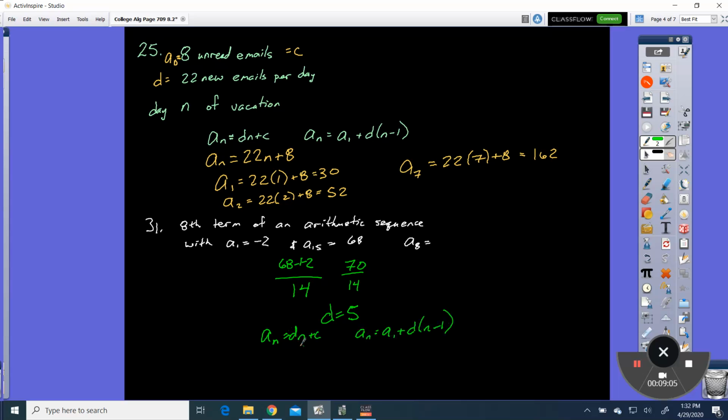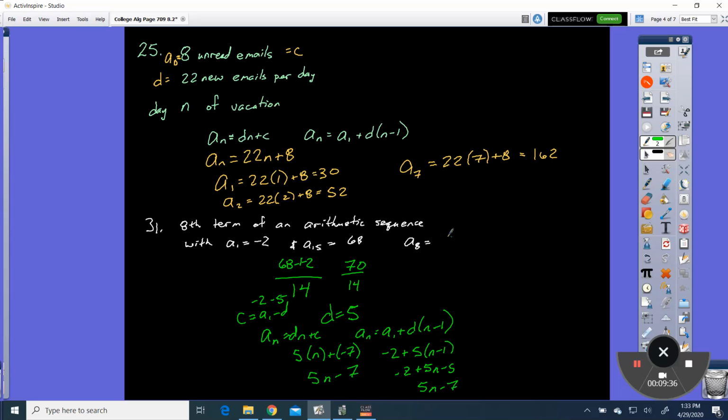Difference is 5, n plus C. C always equals a_1 minus d, so my first term is -2. Minus 5 would be -7, so plus -7. Or if I come over here, -2 plus 5 times n minus 1, distribute the 5, makes 5n minus 5. The -2 and -5 make -7. So either way, I get the same equation.